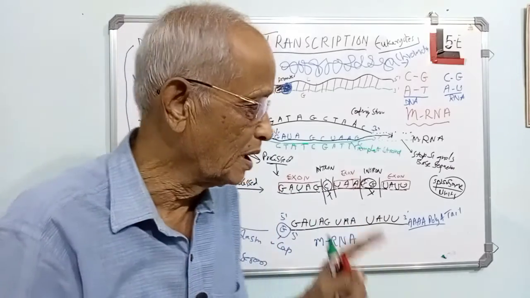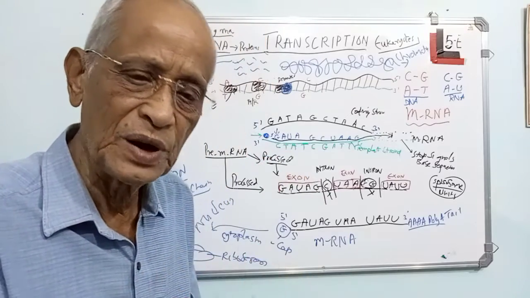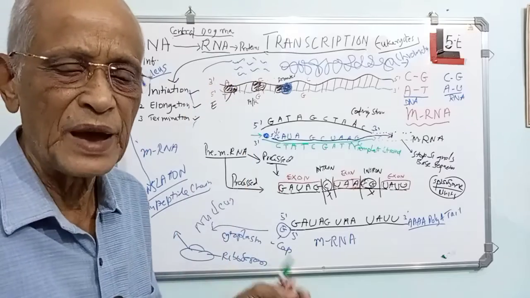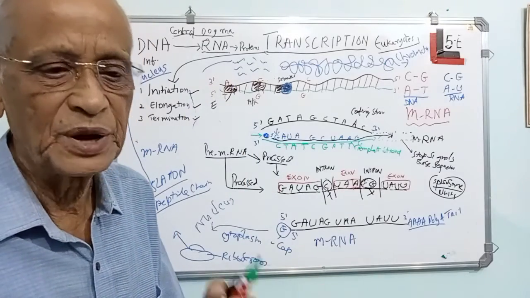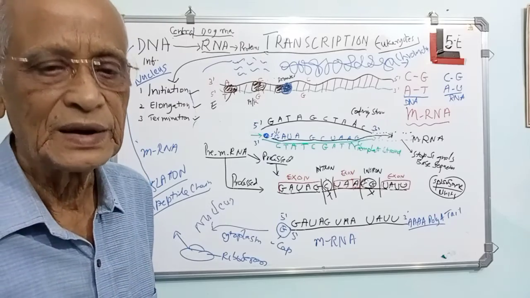For that purpose, there will be splicing, and they carefully go through that, and then only they will be sent to the ribosome to make the polypeptide chain and then the protein. So next we will study the translation.